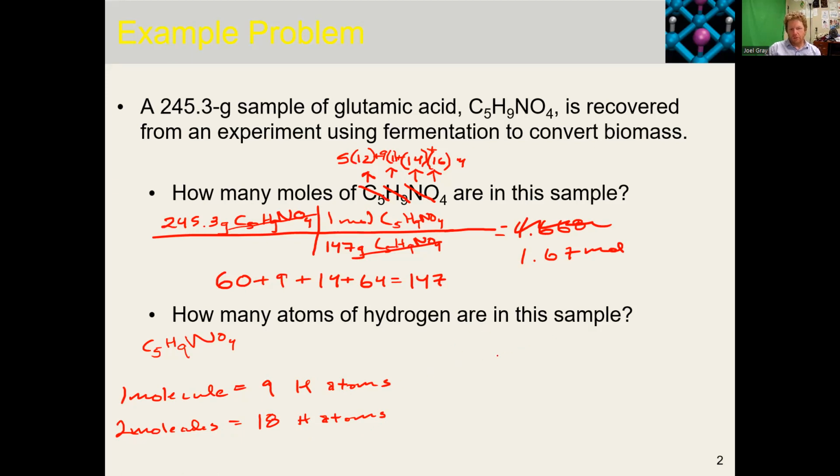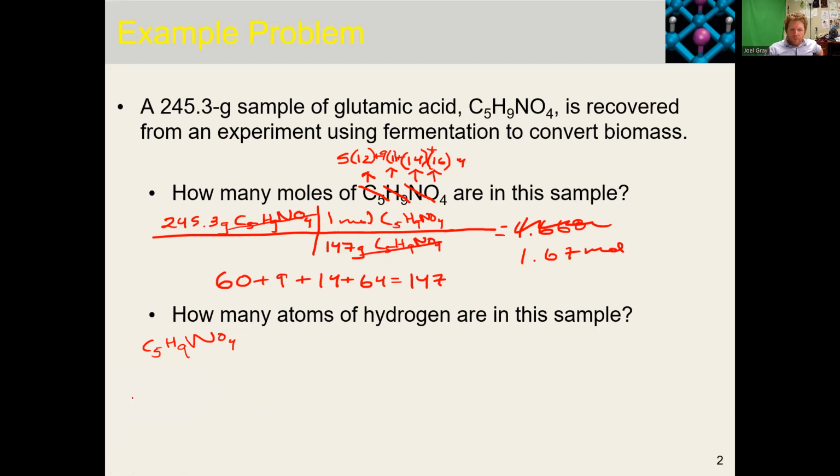What if you have 10 million of that molecule? Well, 10 million times 9. Each molecule has 9 hydrogen atoms, so you'd have 90 million, right? Now, we are talking about this in the context of moles. So let's say you have 1 mole of this compound. You have 9 times 6.02 times 10 to the 23rd.